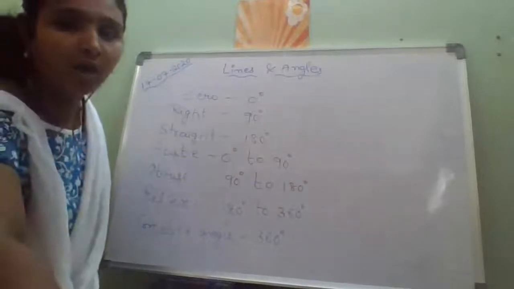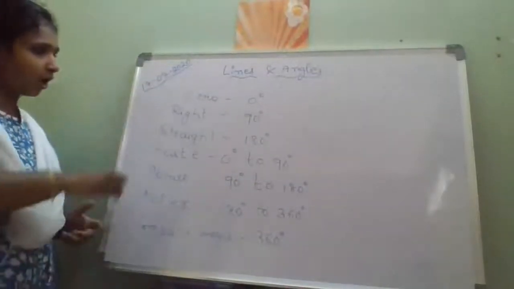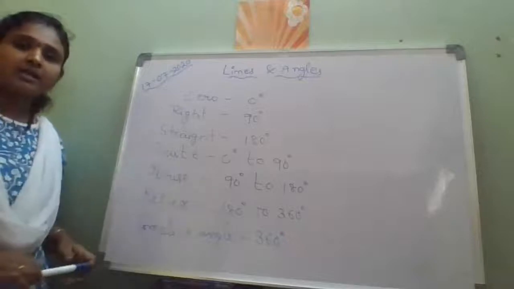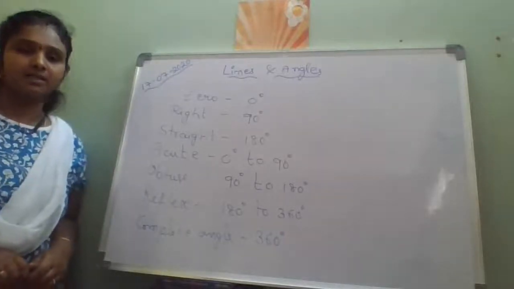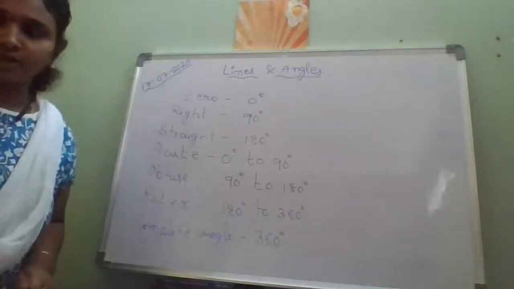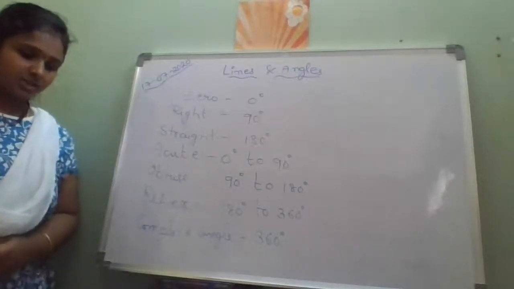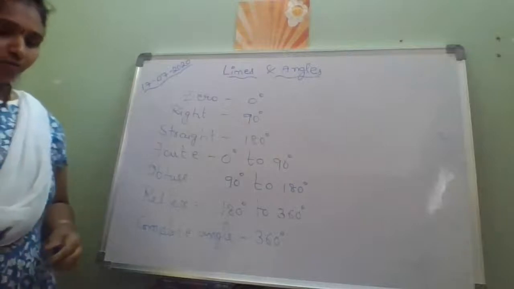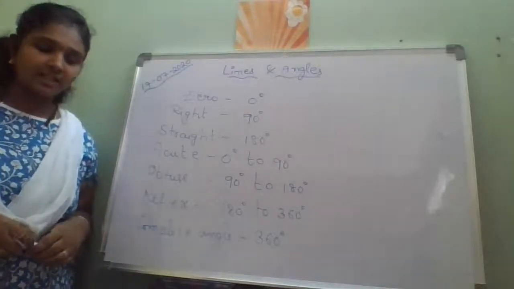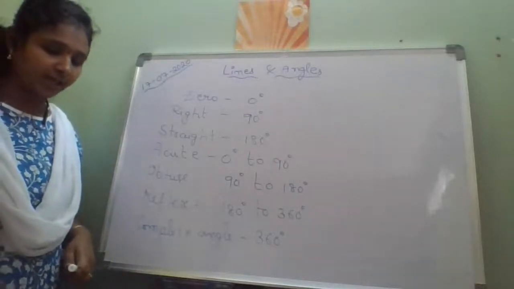These are all the types of angles. Next, what are intersecting lines and non-intersecting lines?